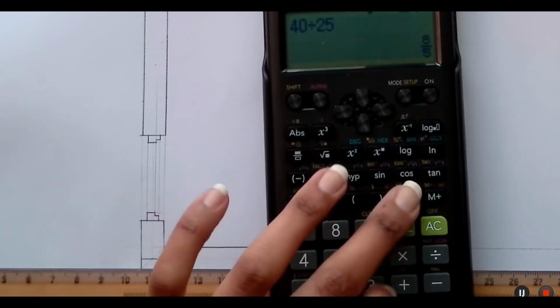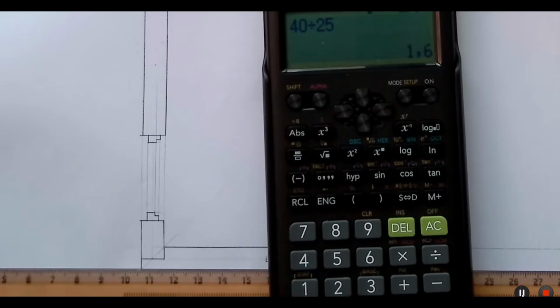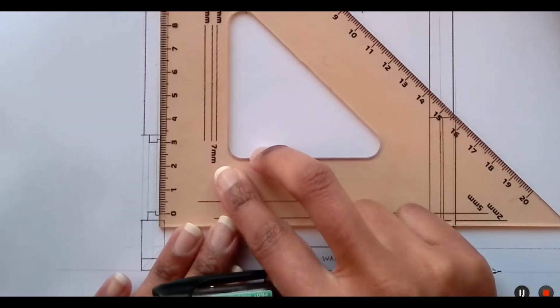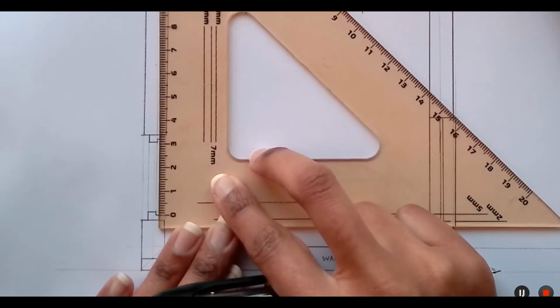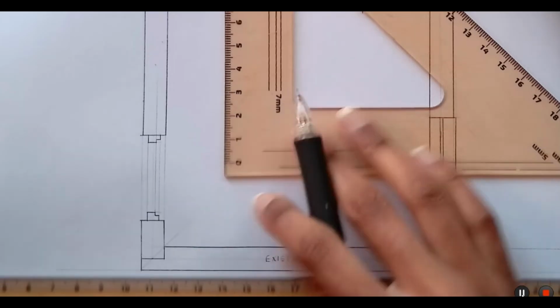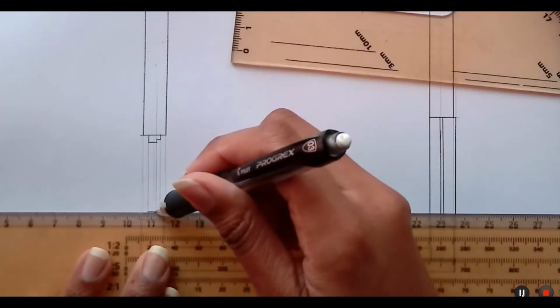So 40 divided by 25, that gets you 1,6. So our 1,6 is going to be here. And you can see that it fits perfectly into this space.